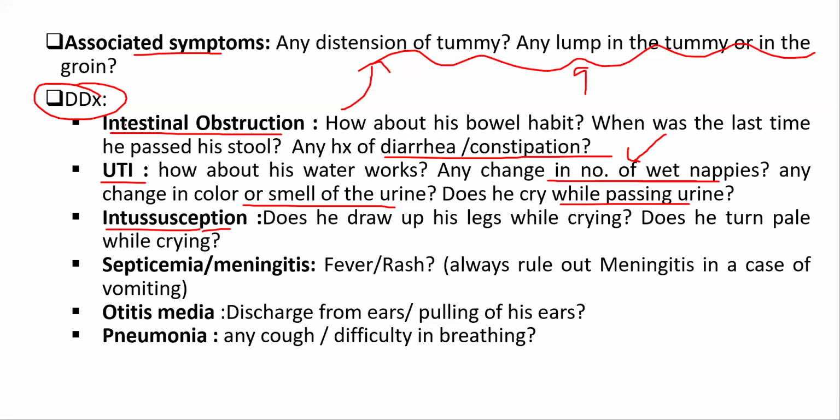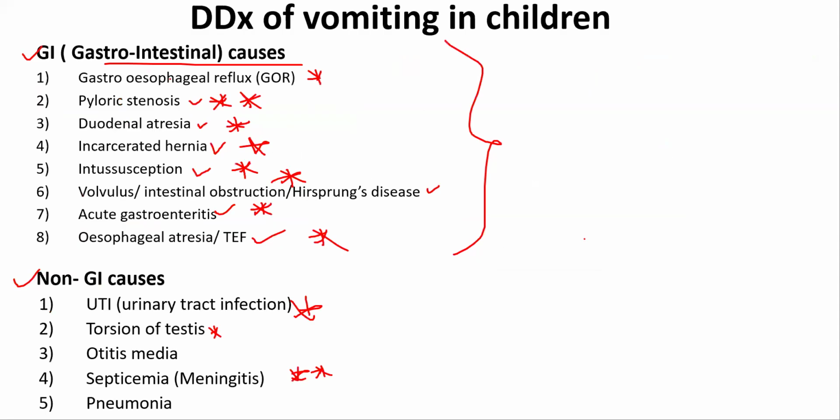Okay, so those are the main four differential diagnoses that you can ask. If we go back to the differential diagnosis, you can see that for gastroesophageal reflux, there is no specific question. It's mainly about vomiting. For pyloric stenosis, we already asked questions regarding that.